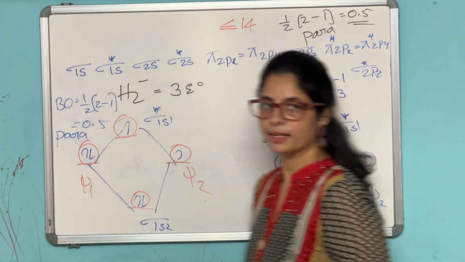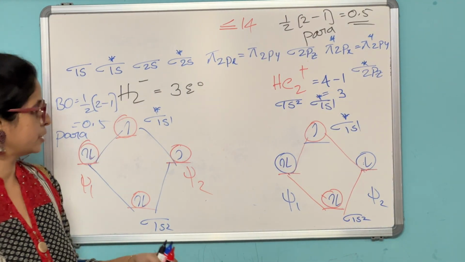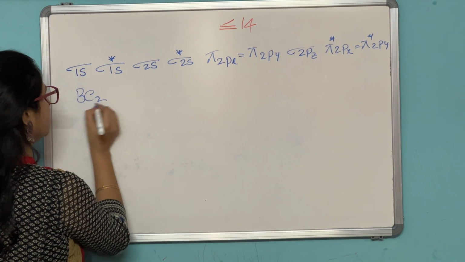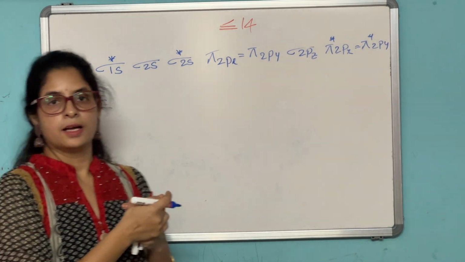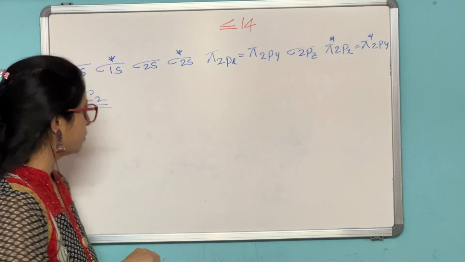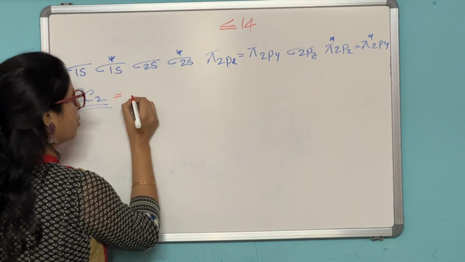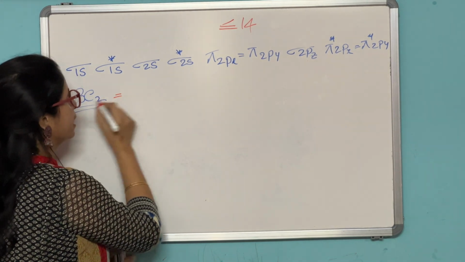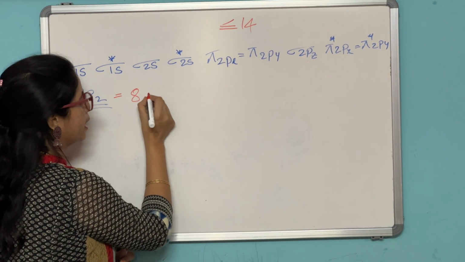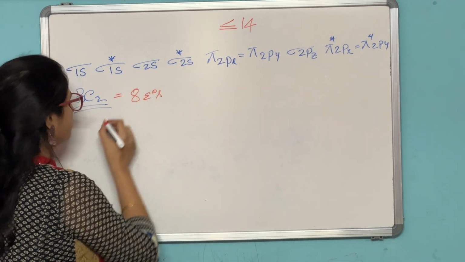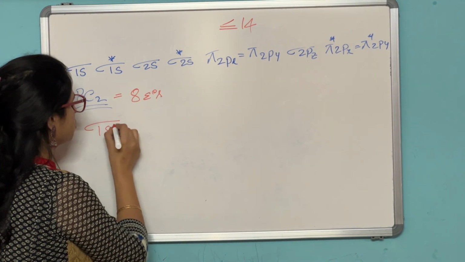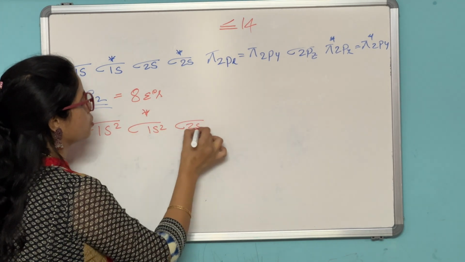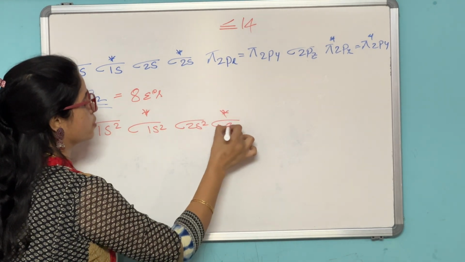Clear? Then we'll move to the next one. Write the electronic configuration and energy level diagram for Be2, beryllium. Atomic number Z gives 4 electrons, and for 2 berylliums, 2 into 4, altogether 8 electrons. The electronic configuration is sigma 1s2, sigma star 1s2, sigma 2s2, sigma star 2s2.